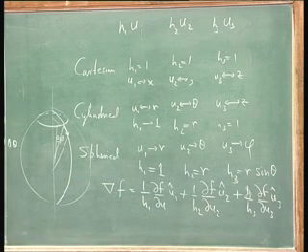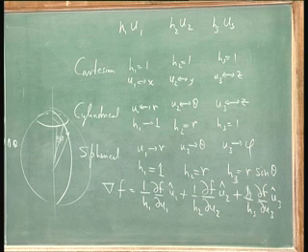Similarly, we have done it already for divergence, but now I want to talk about curl. The derivation is easy, but I am not going to give it. It is more useful to know the answer.